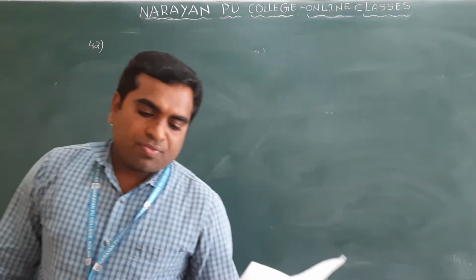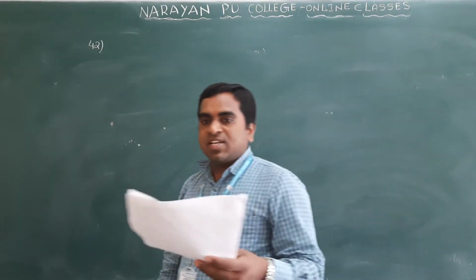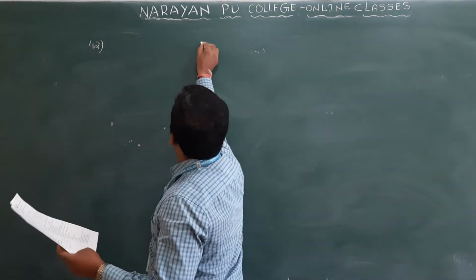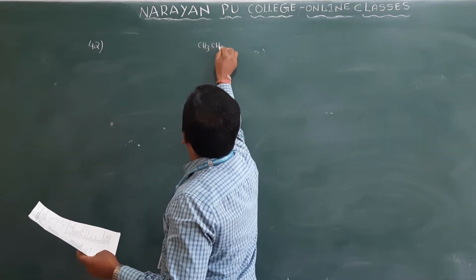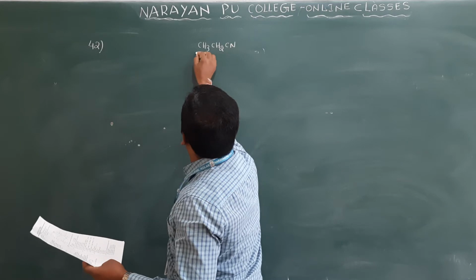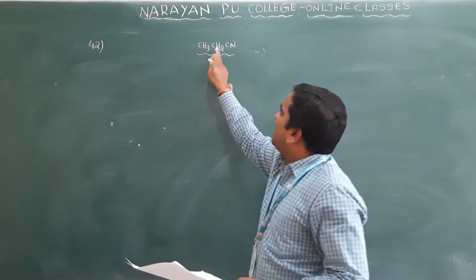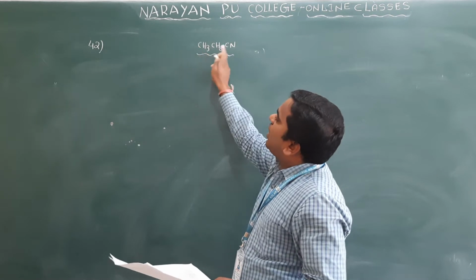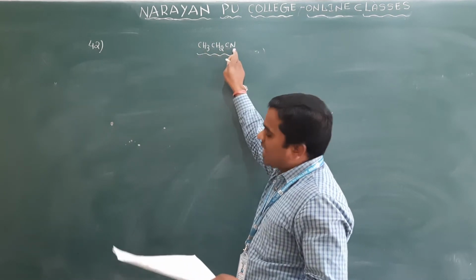Question 42. Which one of the following forms propane nitrile as a major product? What is propane nitrile? CH3CH2CN is propane nitrile, ethyl cyanide. When you write the IUPAC name, this carbon should be included, so propyl nitrile.